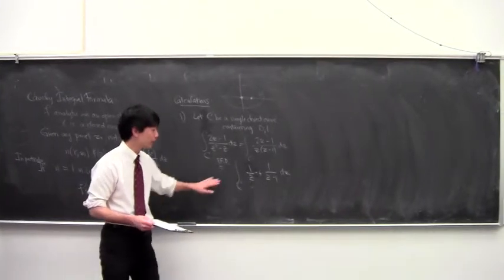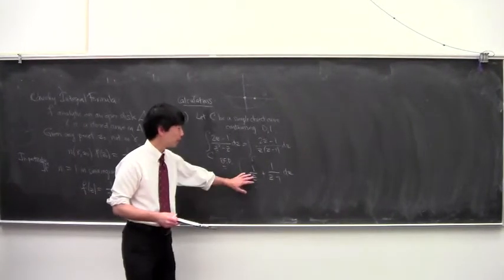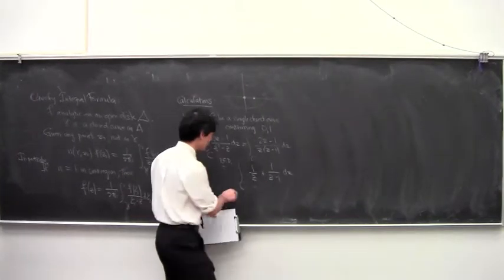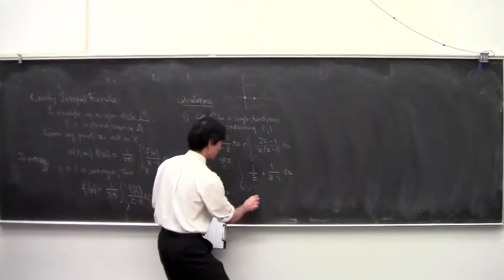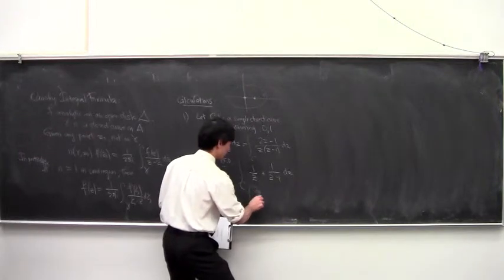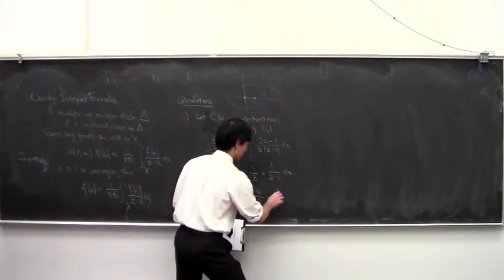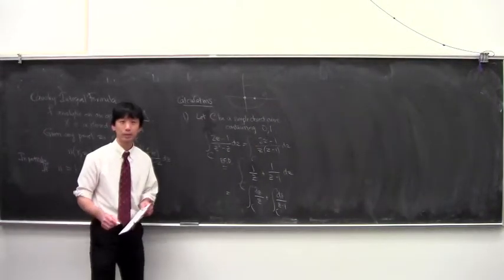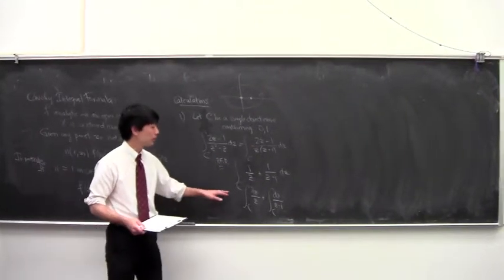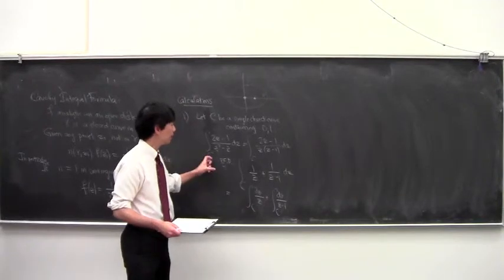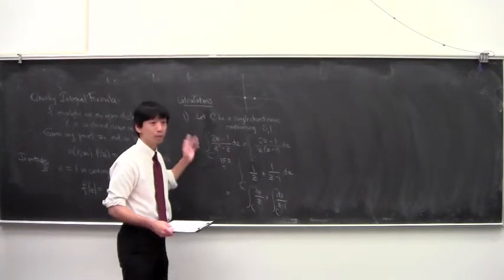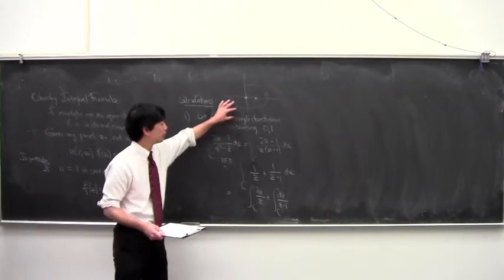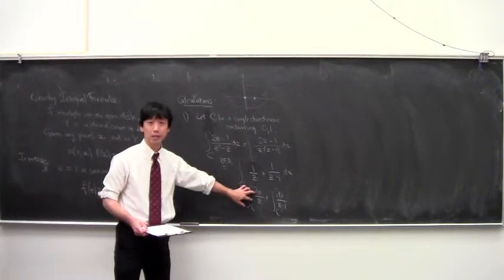So you do partial fraction decomposition, you get this, and then what can you do with it? Well, you separate it into two integrals. Then you're talking about the integral over C of 1 over z.